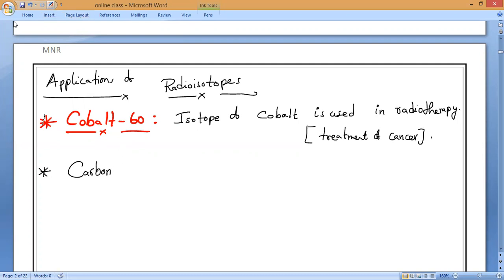Carbon dating. They will identify the lifespan of the fossils, the ancient period, how long they have existed. You might have seen recently that they did a CT scan of a golden mummy. Have you noticed?